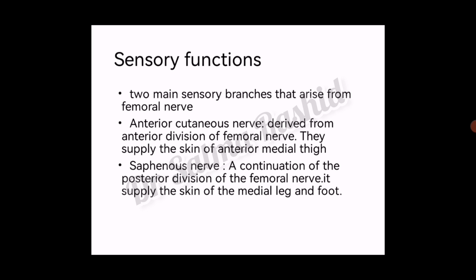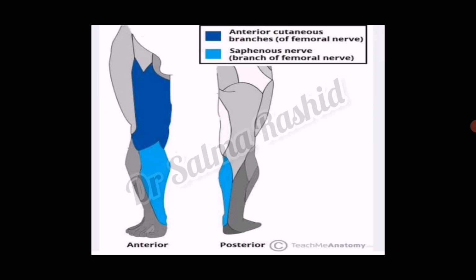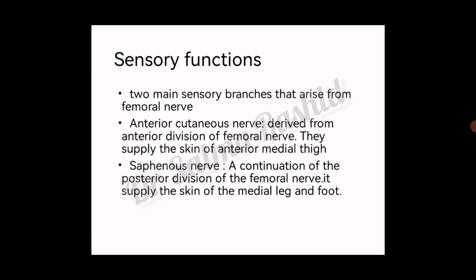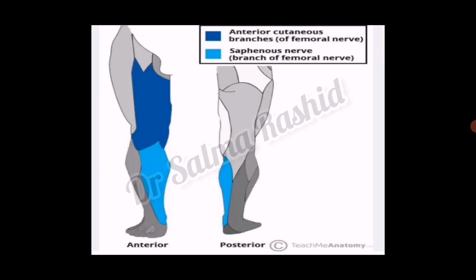They supply the skin of the anterior medial thigh, as shown in this picture in dark blue color. Now saphenous nerve, a continuation of the posterior division of the femoral nerve, supplies the skin of the medial leg and foot, as shown in the light blue color.